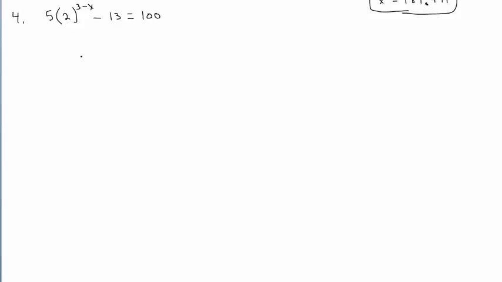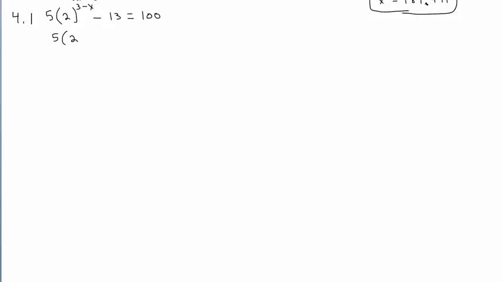All right, we want to change to the log form, but we have to isolate the exponential piece of this first. So let's add 13 and then divide by 5, and then I can proceed by changing the form. So we're going to add 13, so this becomes 113.